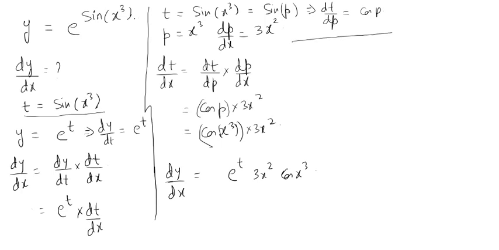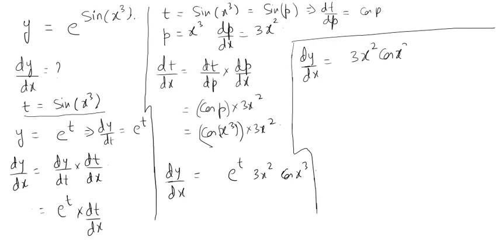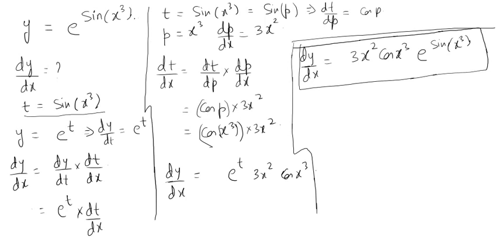So finally what I will get will be dy by dx is equal to 3x square cos of x cube into e to the power sine of x cube. So this is the final answer. If you have any doubt in this, please ask.